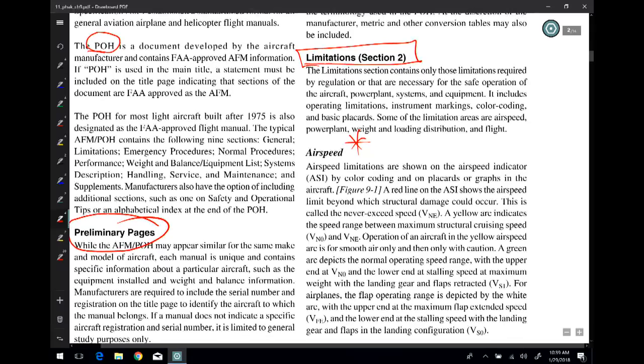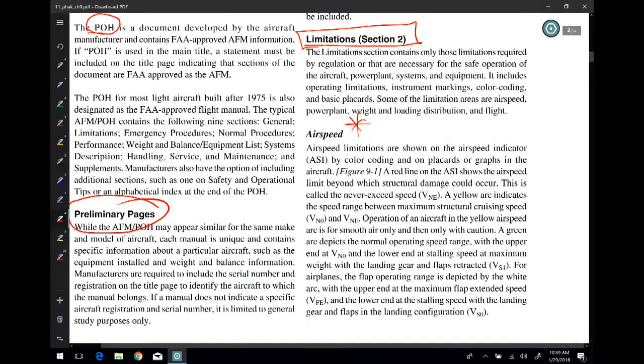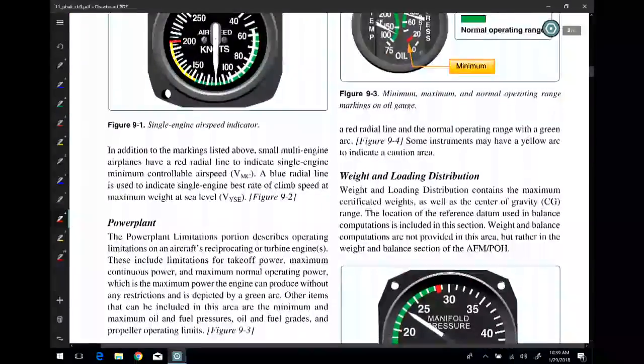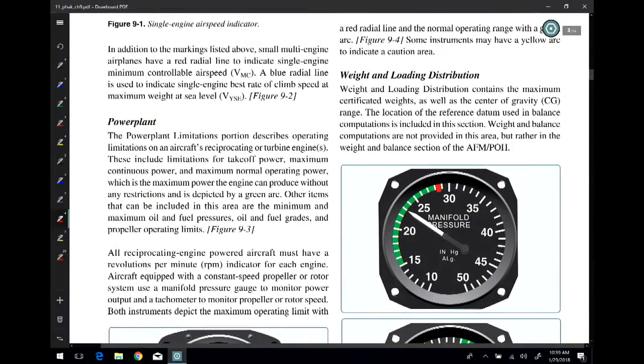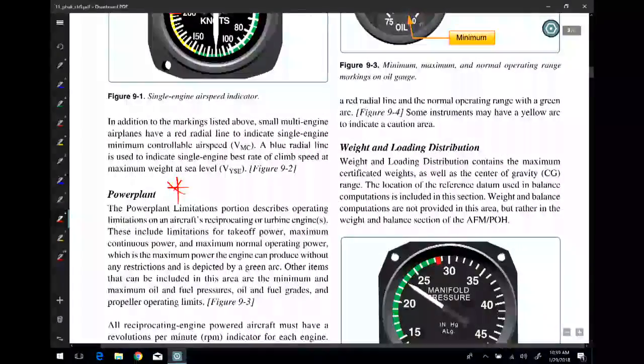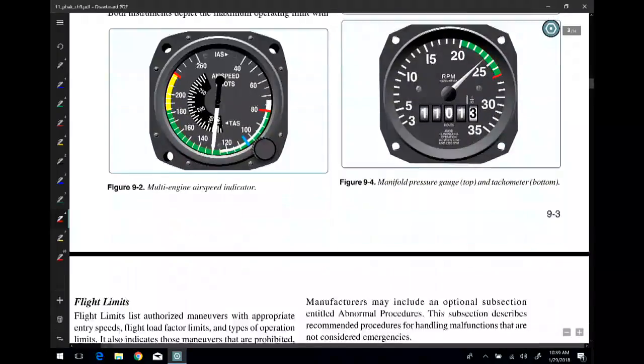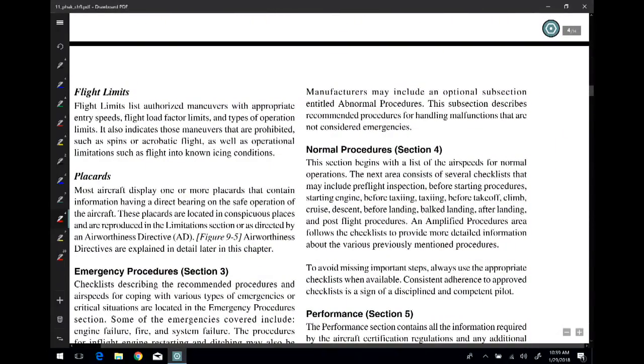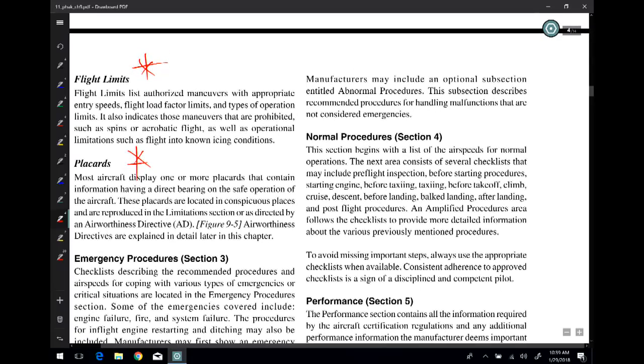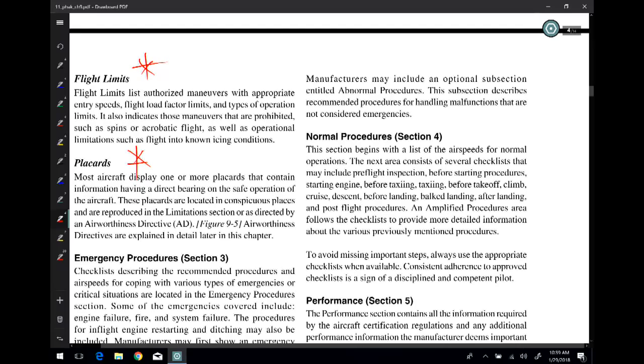So under the section of limitations for the aircraft, you're going to find airspeed, power plant, weight and loading or weight and balance, flight limits, the placards, those little signs. Those are going to be things that you will find under the limitations section inside the POH or the AFM.